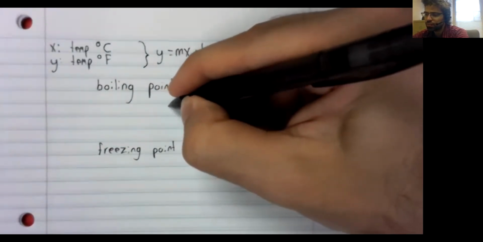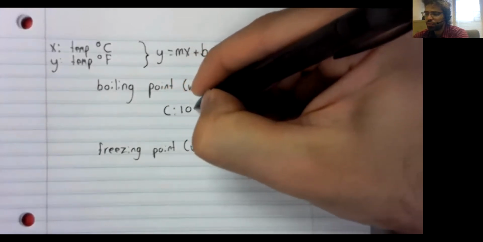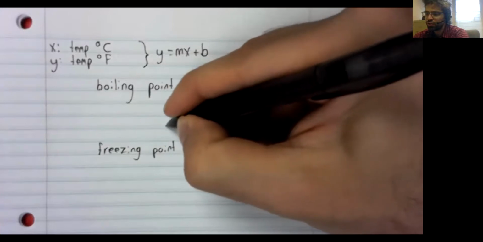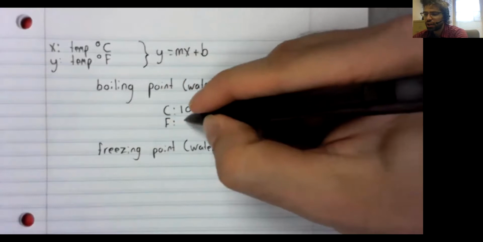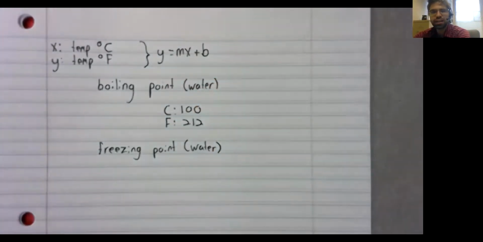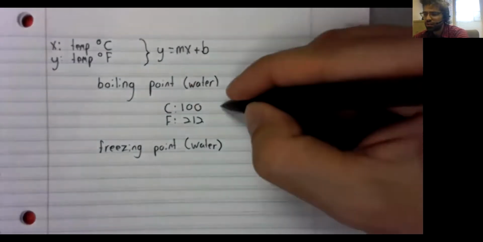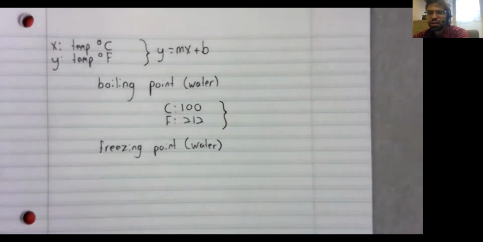So in degrees Celsius, water boils at 100 degrees. In degrees Fahrenheit, water boils at 212 degrees. And the key thing to recognize here is that I've just given you a point.